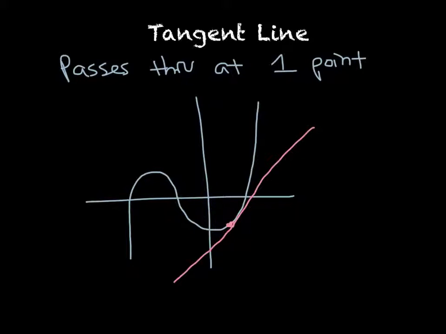So it just barely touches at this 1 point, and then they diverge from there on. So if I wanted to draw some more tangent lines, a tangent line at this point would look something like this, and a tangent line at this point would seem pretty vertical.